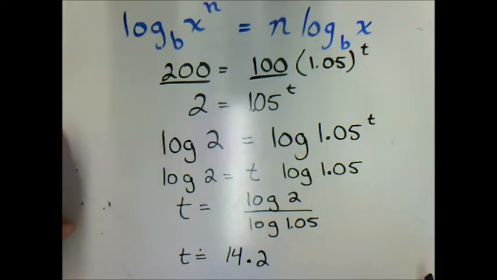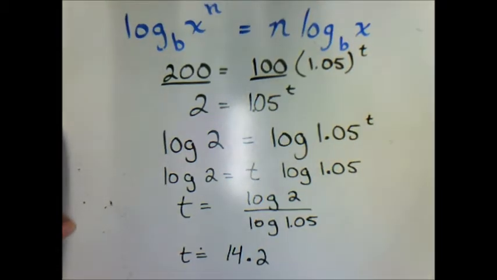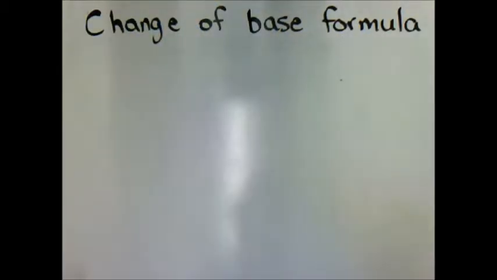And so it will take approximately 14.2 years for the initial investment to double in value at a rate of 5% interest. The technique that we used to calculate the number of years it would take for our investment to double in value can be applied to logarithms of any base. And it's called the change of base formula.